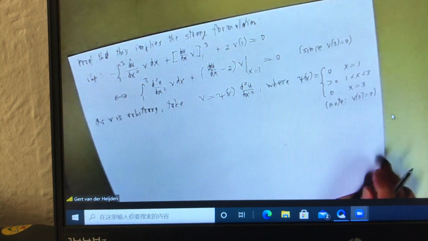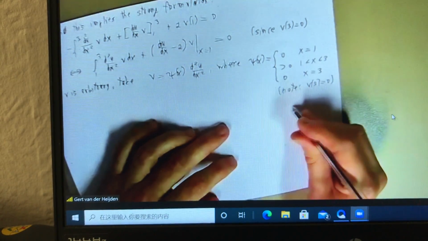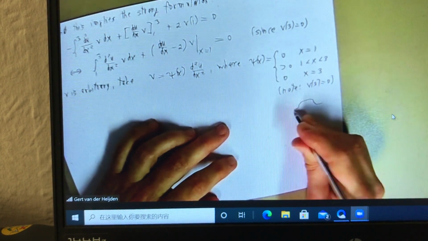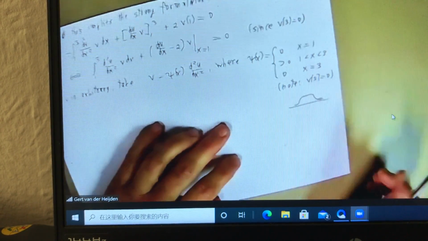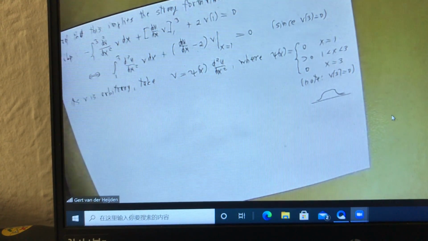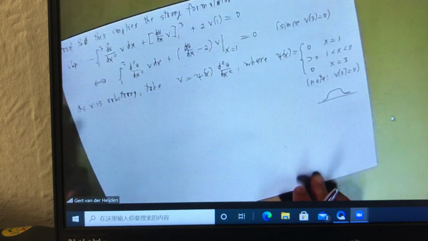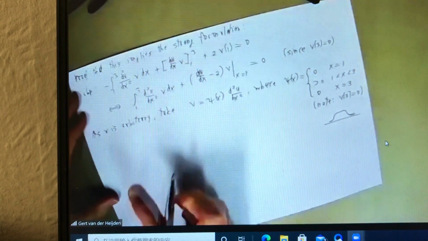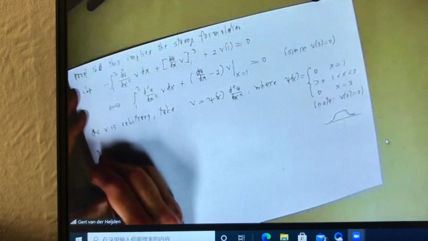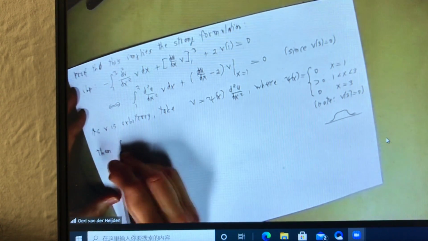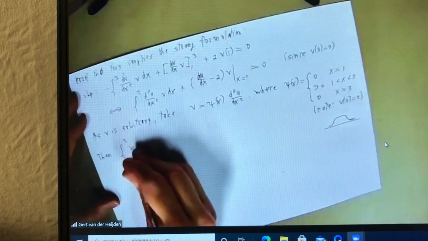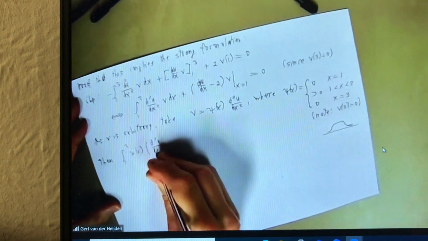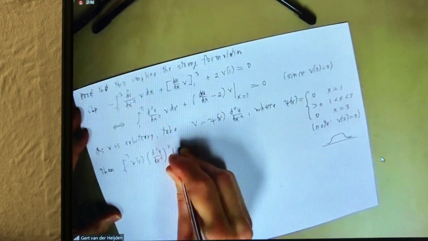Okay, and it's not difficult, of course, to write down a function like this. It's something like a bump function, right? Such functions certainly exist. And with that function, we can now insert this v as constructed here into that equation. Then the integral from 1 to 3 of psi of x integrated against d2u dx squared dx equals 0.